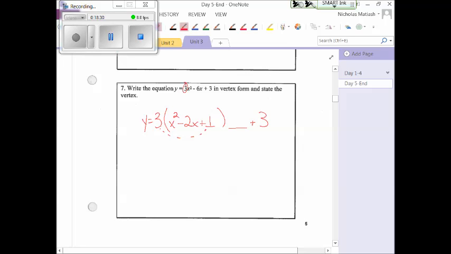Again, balance, balance, balance: 3 times 1 is 3, so this will be a minus 3 out there. This will be 3 times x minus 1 squared. This is nothing, so it's x minus 1 in the parentheses. So your vertex, think of this as plus 0, it'll be 1 comma 0, and that's it.